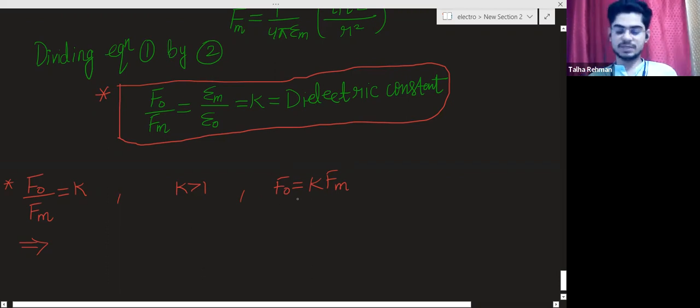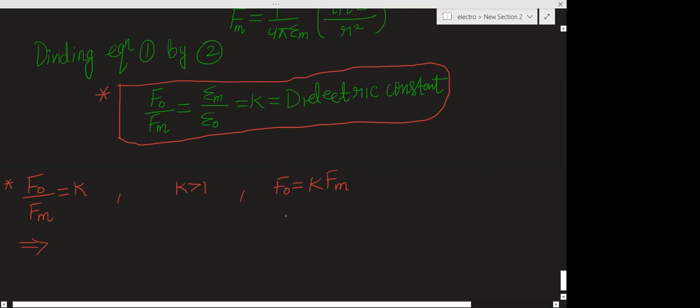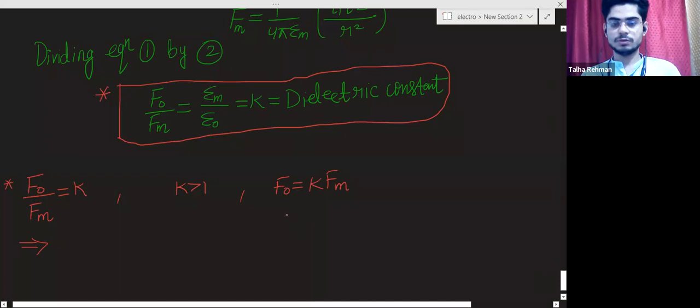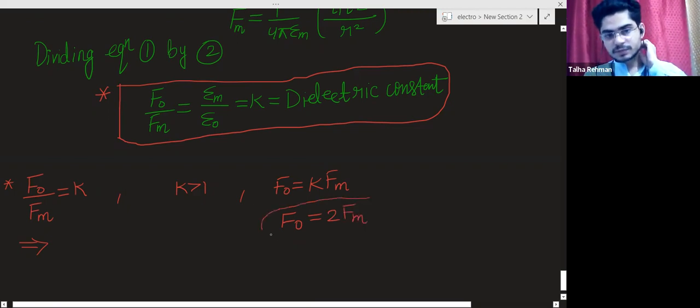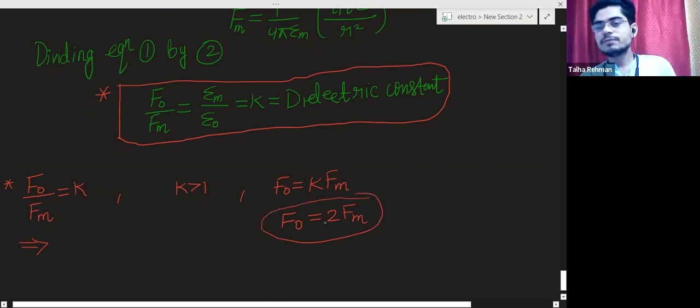For example, F naught and K is greater than 1. Take any number greater than 1, I am taking 2 of Fm. This means that F naught is 2 times Fm.